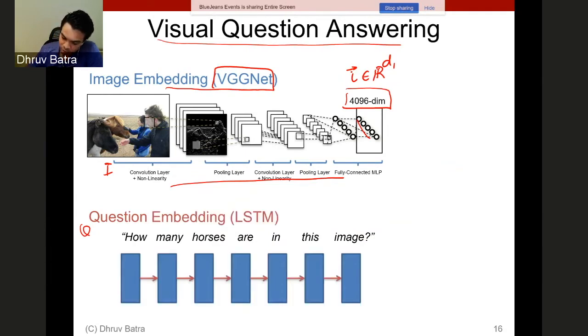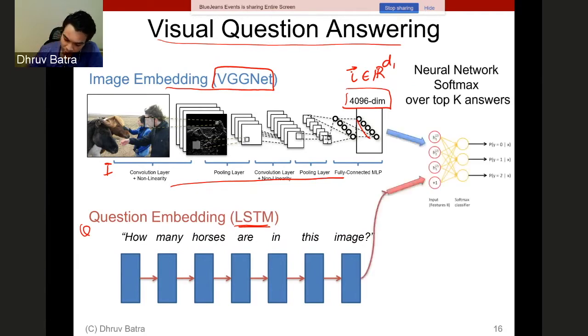For the question, this is embedded again into a vector space by a recurrent neural network called LSTM. We will also teach you that later in the class, so do not worry about those details here. Think of this as giving you Q in some R of D2, and I in some R of D1, which are then concatenated as representations of the image and the question.